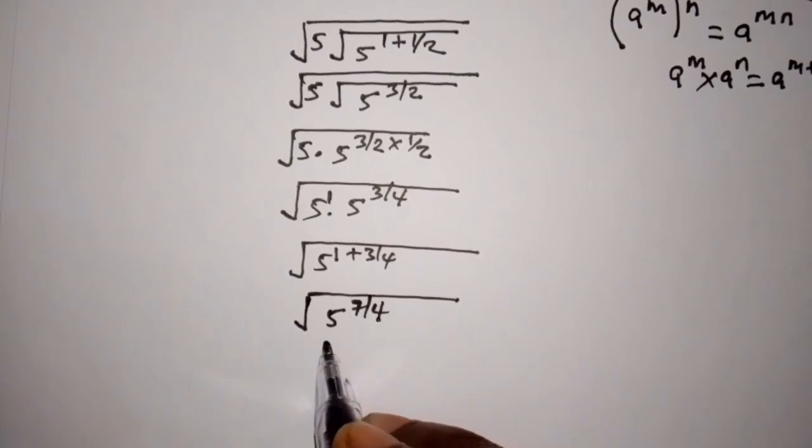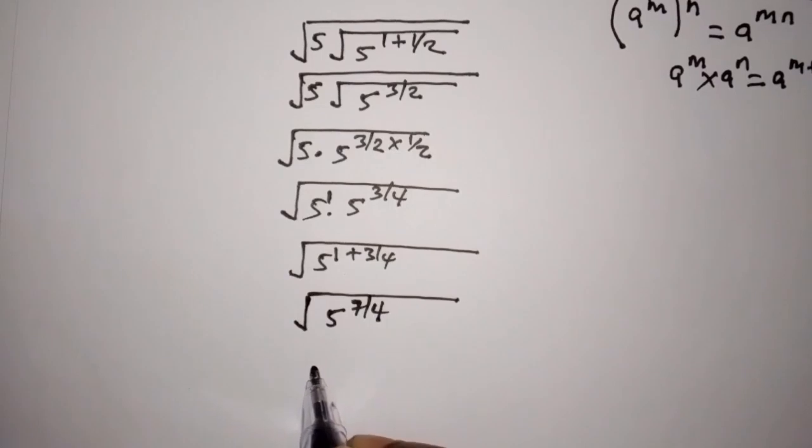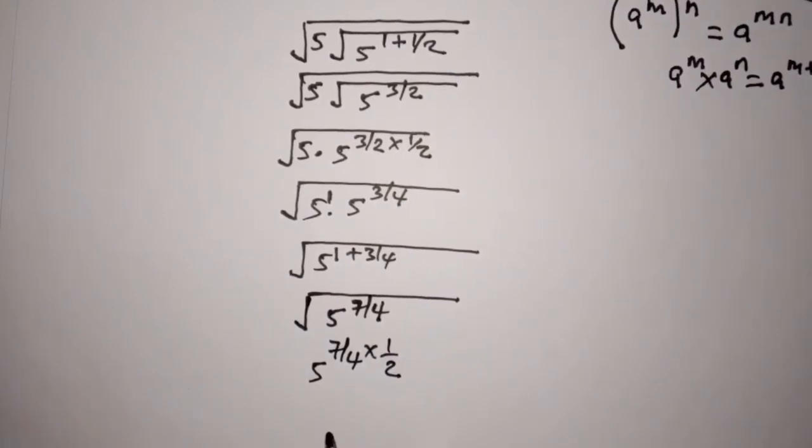Now we can express square root of 5 power 7 over 4 as 5 power 7 over 4 times 1 over 2, and this is giving us 5 power 7 over 8, and this is equal to 125 power x.